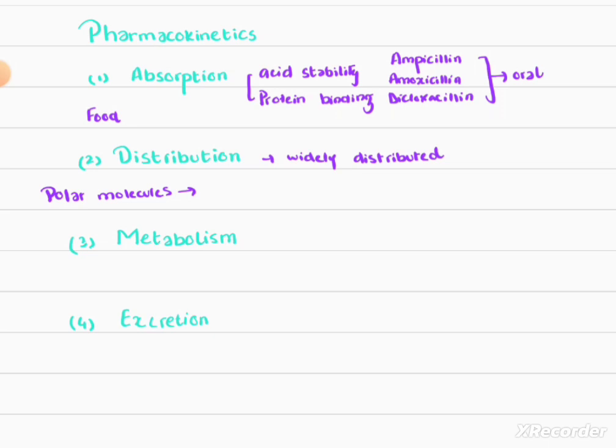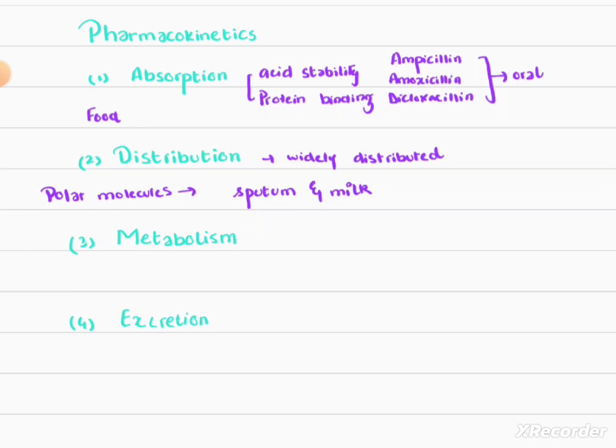So the concentration in most tissues is equal to that in the serum. Penicillin is also excreted in the sputum and milk. So if we are prescribing penicillins to mothers who are lactating, we must consider the fact that they are going to be excreted in the milk, and they will reach the baby as well.